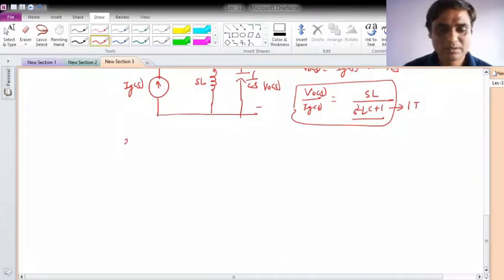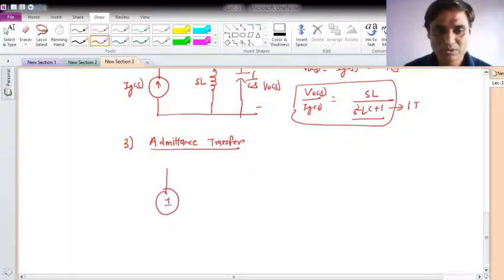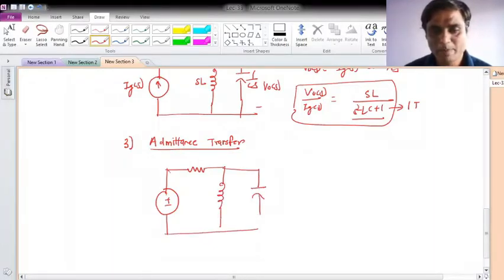Then the third example we'll see is regarding the admittance transfer, or transfer admittance. Here I will take the source as a voltage source, then the circuit is the same: R, then an inductor, and then a capacitor.